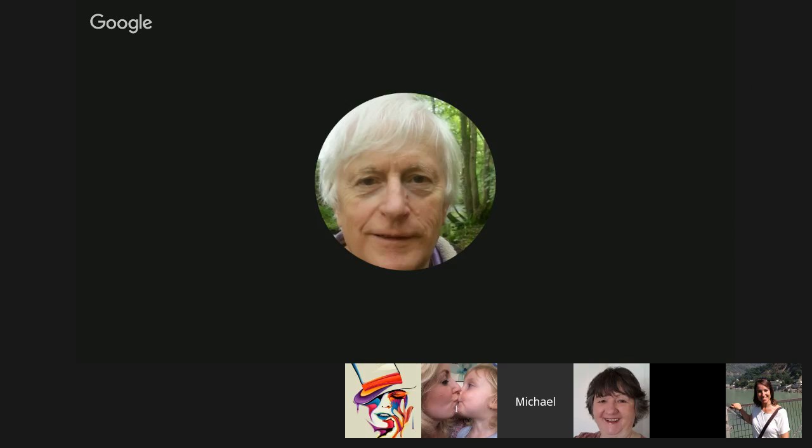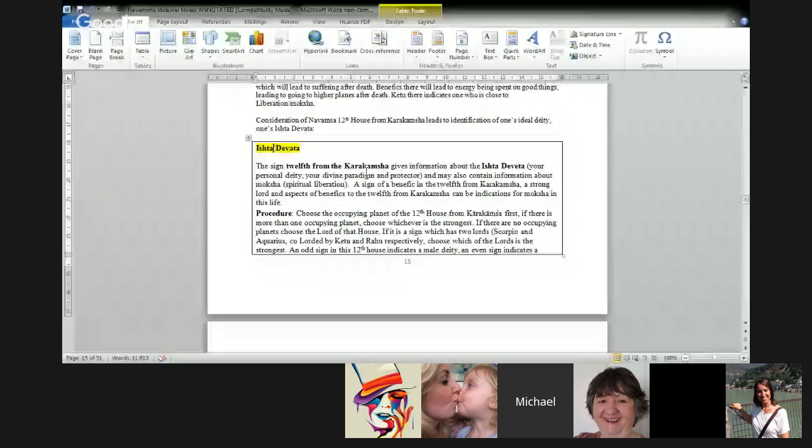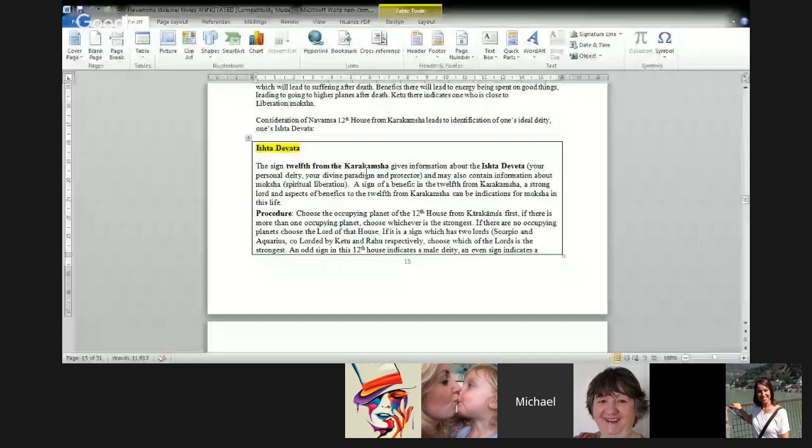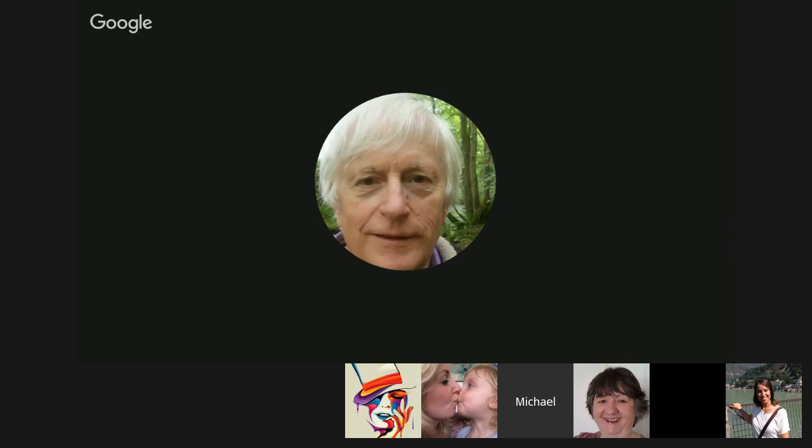And you have to consider whether the 12th house from the Karakamsha is ruled by a benefic or a malefic sign, and that will affect the sort of deity you would be drawn to. And if there are 2 occupying planets, you select the strongest. If there are no occupying planets, you choose the lord of the house.